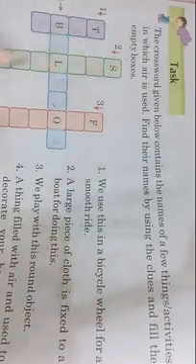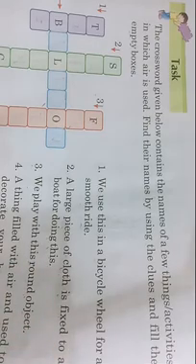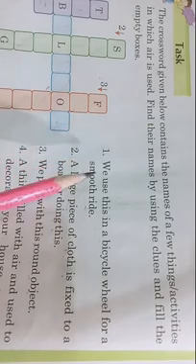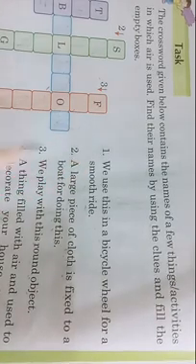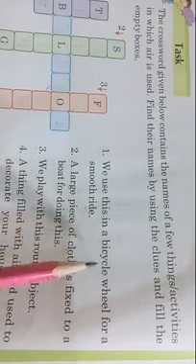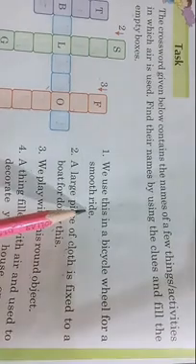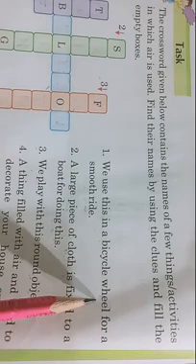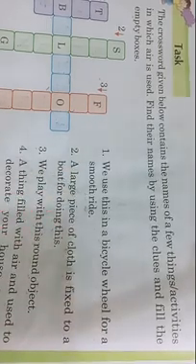You have to fill the empty boxes after reading these clues. Look at it. Number 1 that I am reading: we use this in a bicycle wheel for a smooth ride.